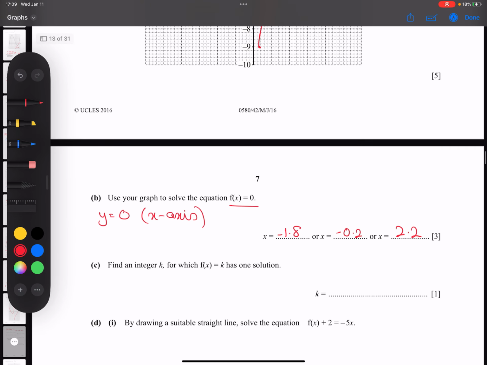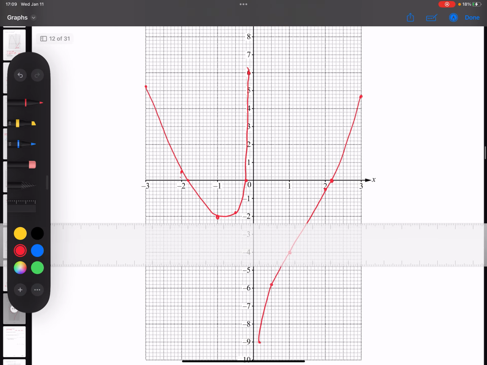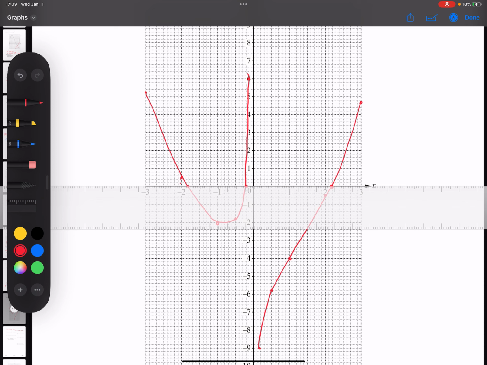Find an integer value where the graph has one solution. So remember, one solution is where you draw a line that intersects at one point. If you remember, we talked about this in class, and it's all about turning points. If I went above, it has 3 solutions.